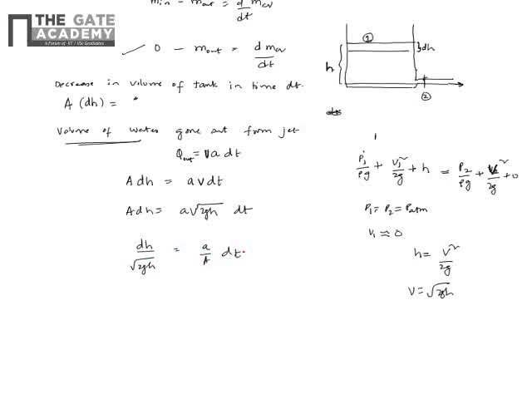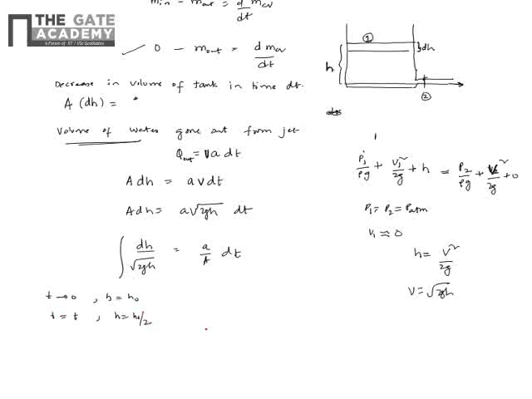Now this is at any point of time. I can integrate this within the limits. When time t is 0, the height is h0. I need to find the time t when h is h0 by 2.